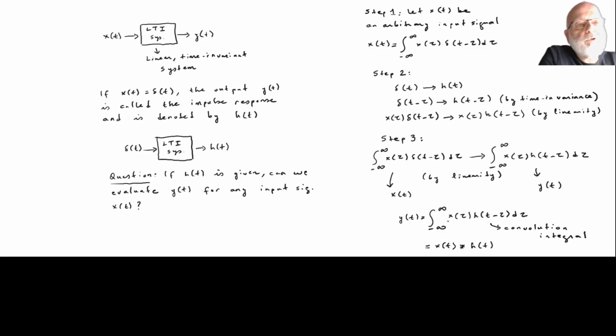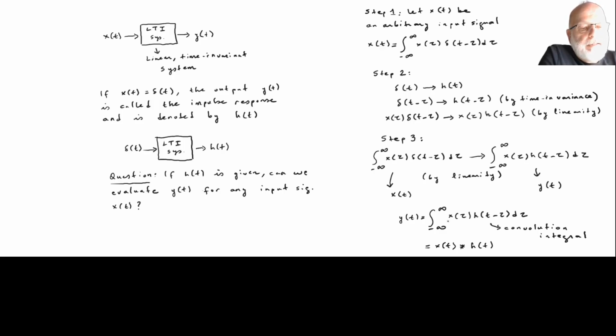So in this video we have obtained expressions for three important concepts. First, the representation of an arbitrary signal in terms of shifted impulses, which is a very important operation in signal theory.